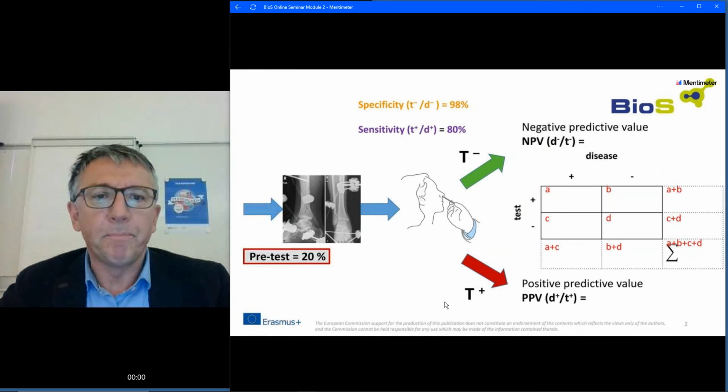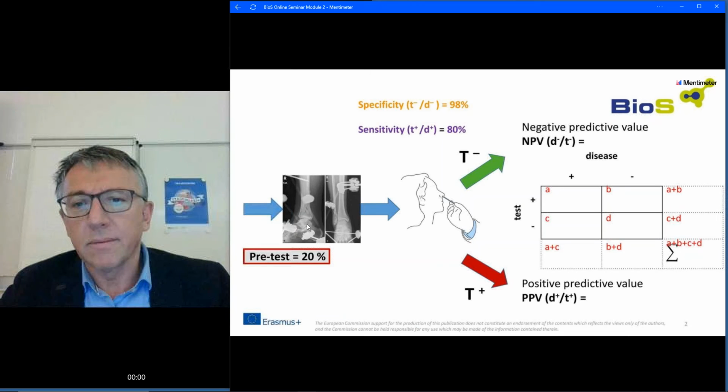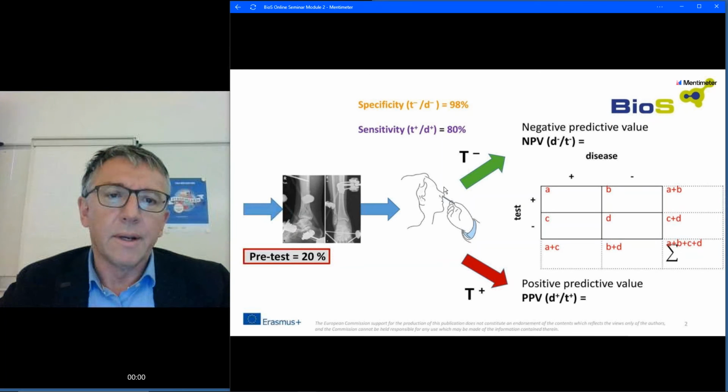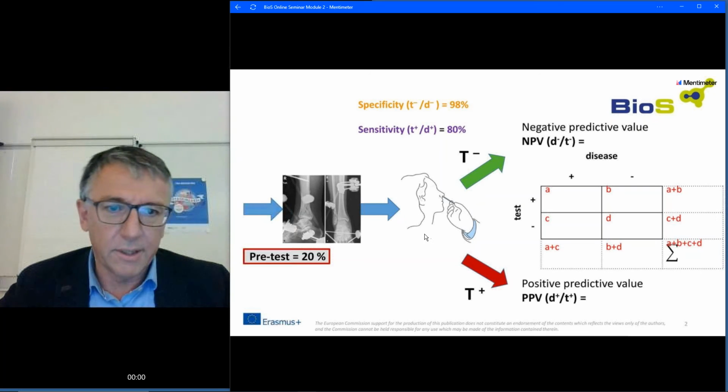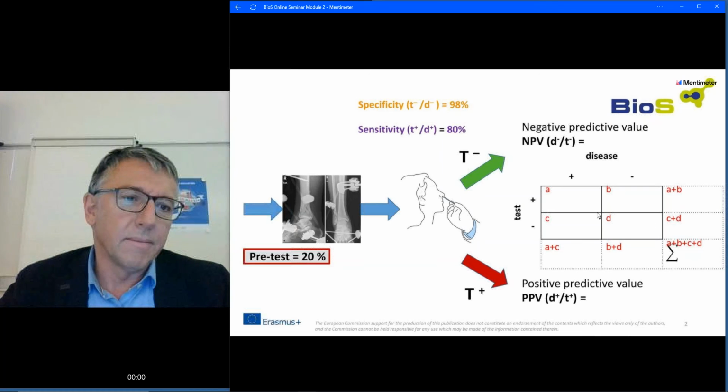Now let us give the solution for this example. We have the considerable high pretest prevalence, pretest probability. Now we do the test on the individual and we get a positive result or we get a negative result. And I just, again, fill in these numbers.